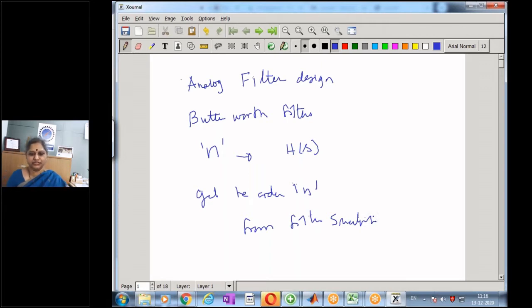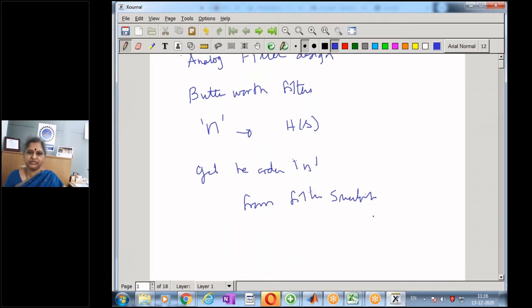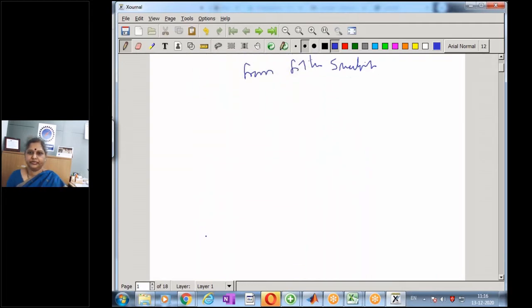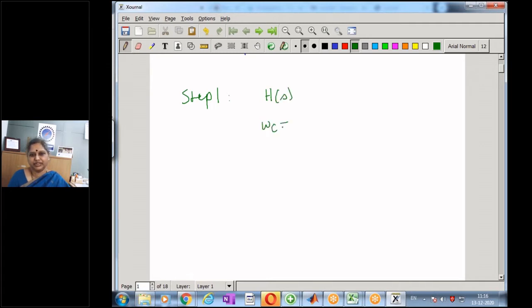In addition, we shall also see frequency transformation, because as mentioned, the design of analog filters is usually a two-step process. In the first step, we always design the prototype filter, the filter H of S, which is low pass and has a cutoff frequency of 1.